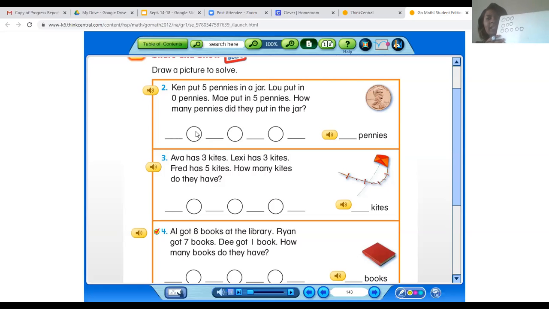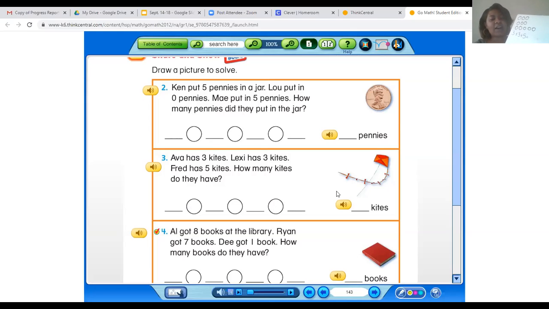All right, so let's write out our addition sentence. We have 3 plus 3 plus 5 equals blank.